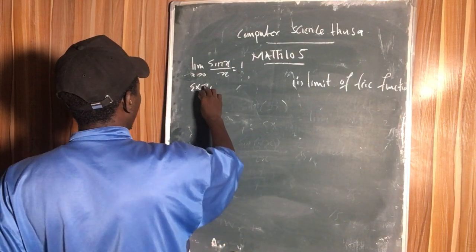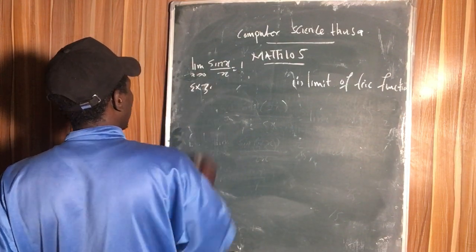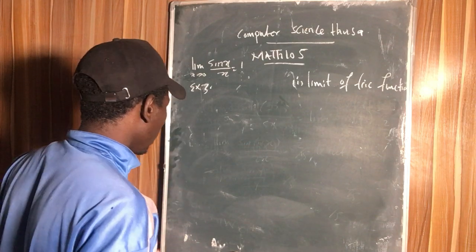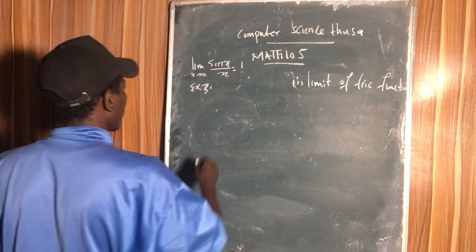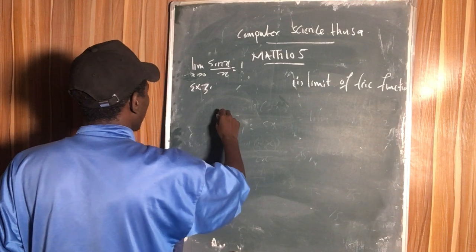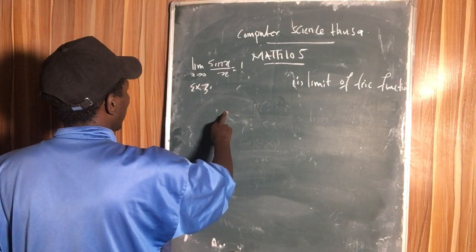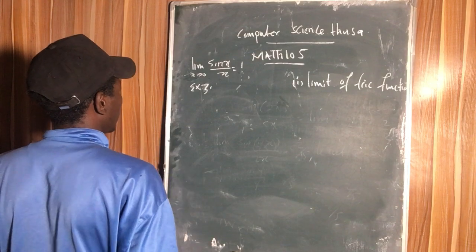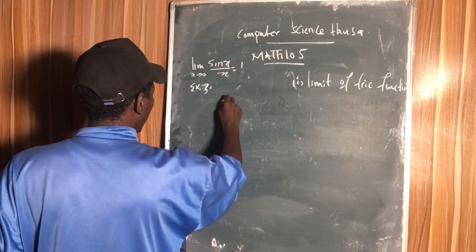Example number 3, right? Example number 3. Let's say they gave us a tricky function to evaluate.